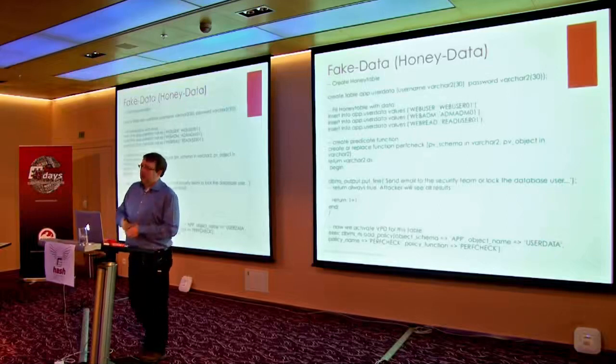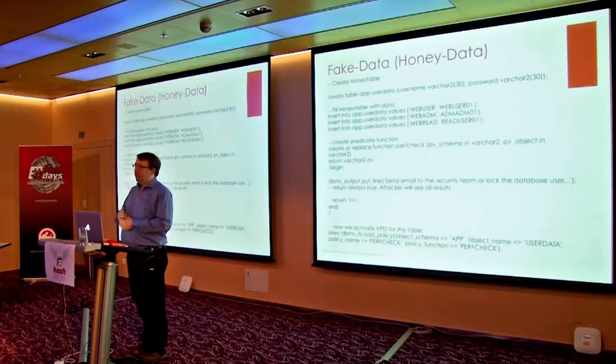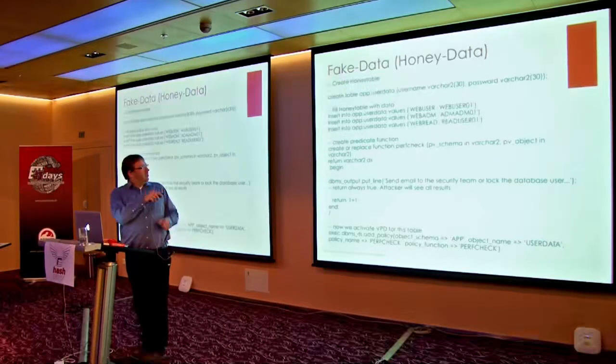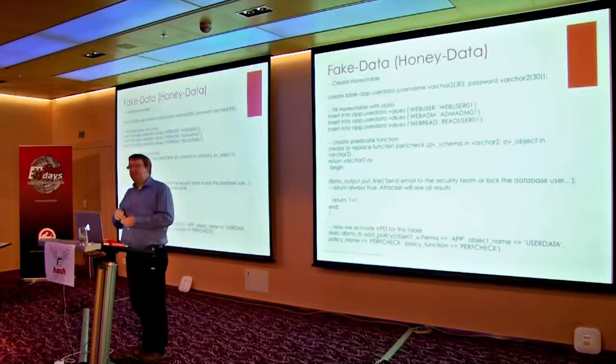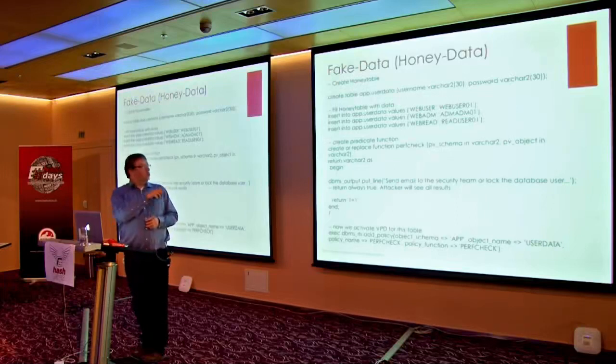And Oracle has out of the box a functionality called Virtual Private Database. And with Virtual Private Database, you can implement this functionality for free. So we are creating a table. The table name should be similar to the naming convention of the application. So if your table starts with T underscore, this fake table should also contain a T underscore. Then we are inserting data. This can be unencrypted.